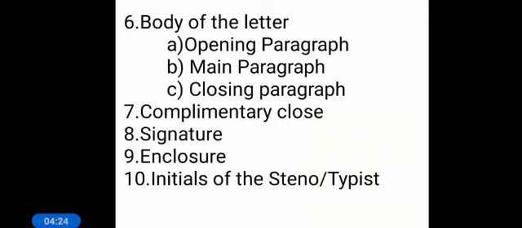Okay, and main paragraph deals with the message of the letter, or it gives complete explanation about the subject. Then closing paragraph means it is the concluding part of the letter.